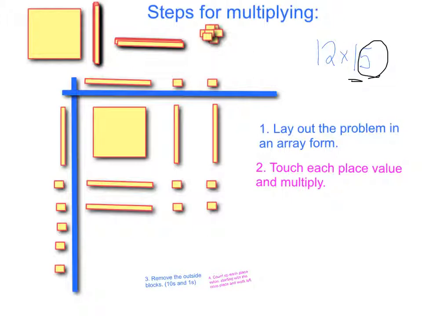But since we're walking you through this, and this is the first time, I'm taking it kind of piece by piece. So now I take this one and take it times everything across the top. So 1 times 10 is 10. And 1 times 1 and 1 times 1. And I'm going to lay those out.